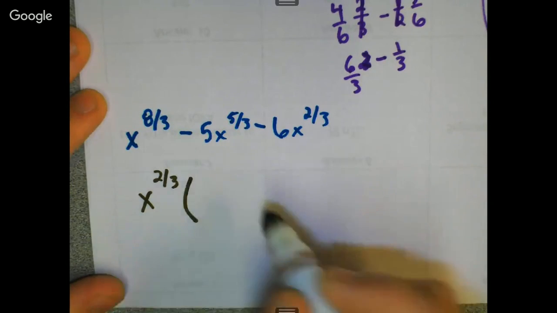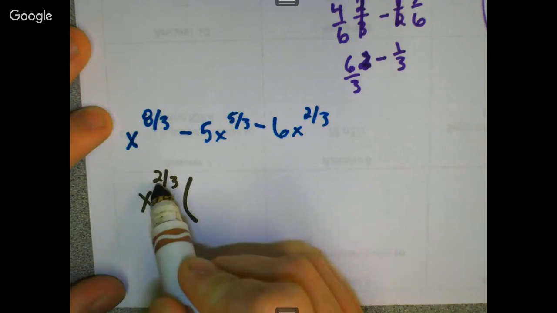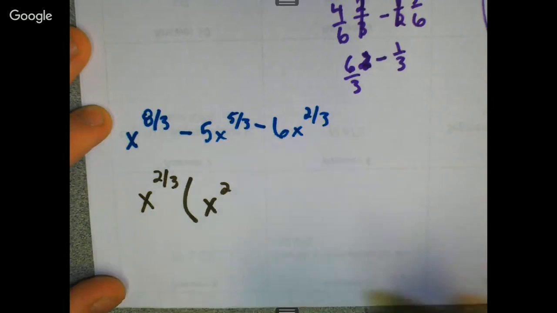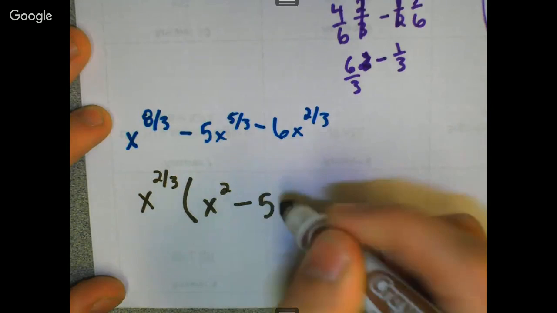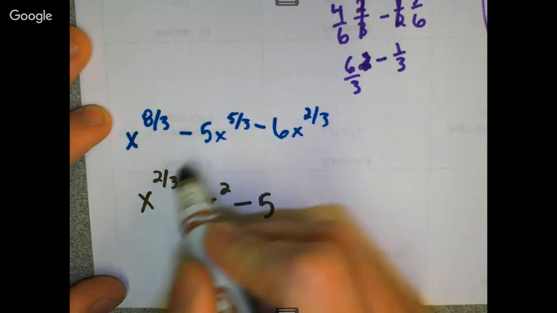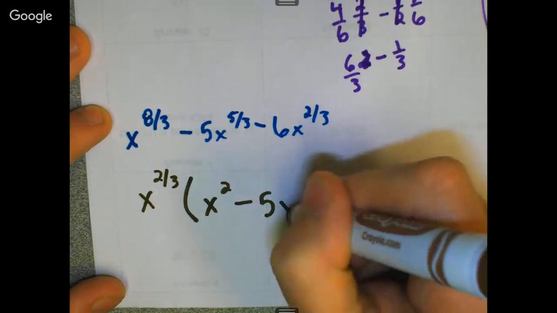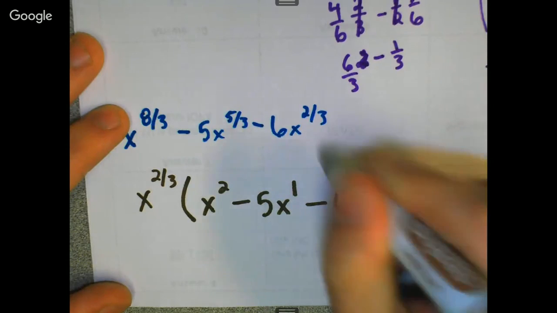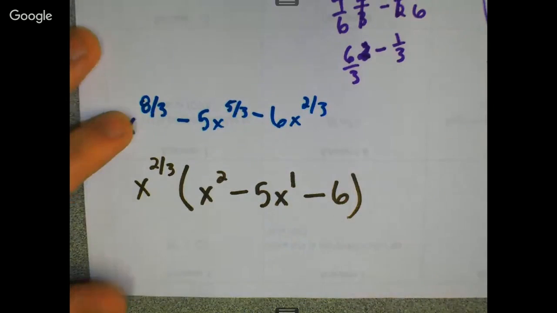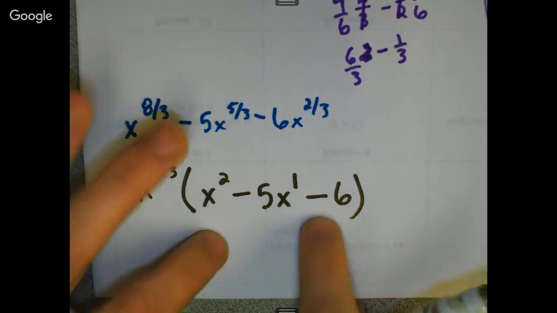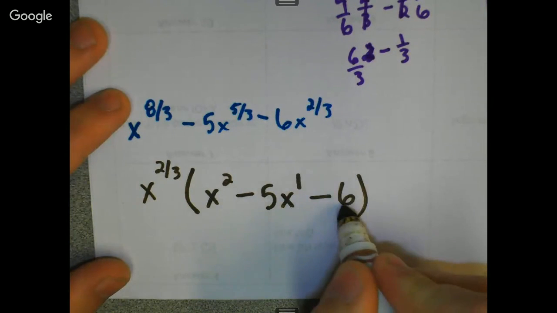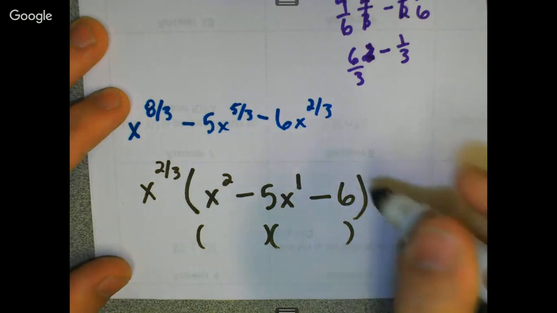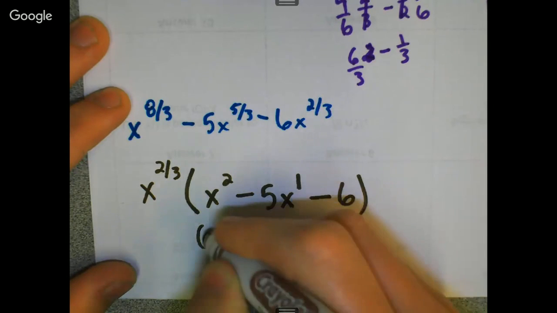Okay. What is left? Well, 8 minus 2 will give you 6. 6 divided by 3 is 2, so you have x squared minus 5. 5/3 minus 2/3 is 3/3, which is 1, minus 6, because you're taking the whole thing out. So we factored out our greatest common factor, and now we need to factor this. So on your factors of 6, that's subtract to 5. 6 and 1, x.